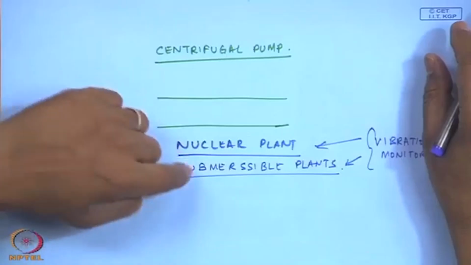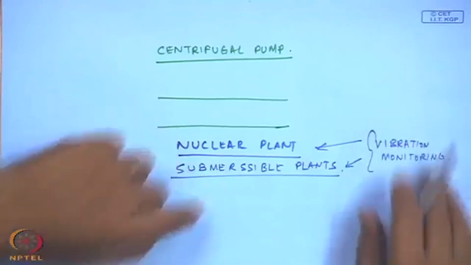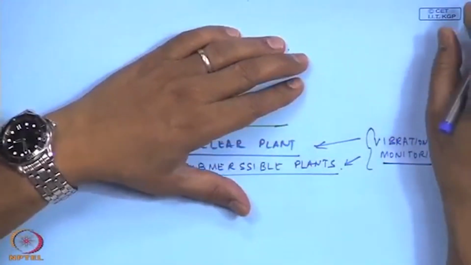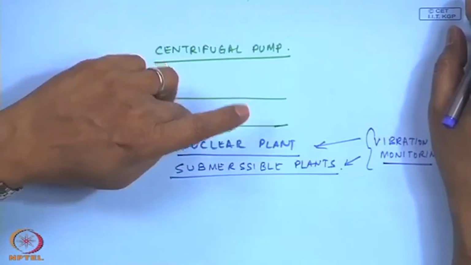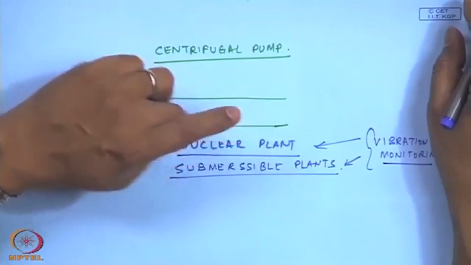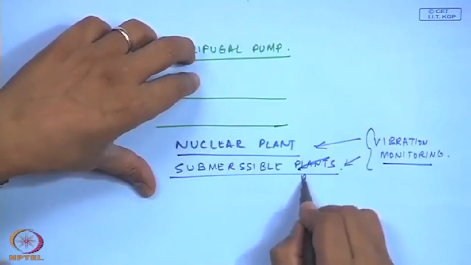Because to install a transducer, I cannot go inside a nuclear plant. I cannot go underground and mount a transducer in a submersible pump. So, these are issues, and we will see how this can be done. The pump diagnosis in a nuclear plant and submersible pumps.